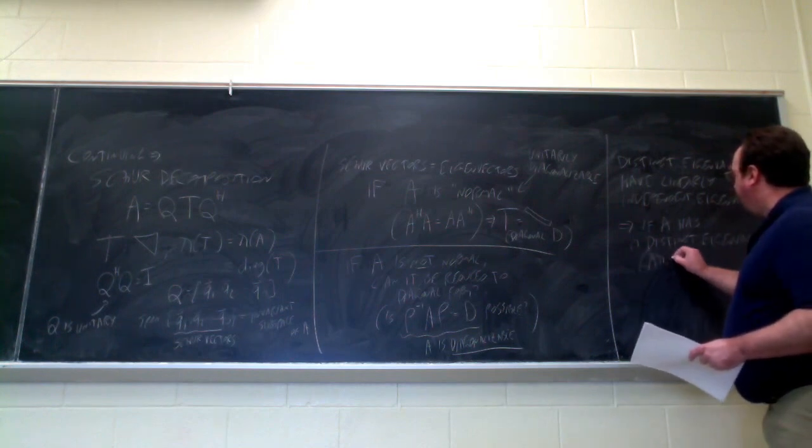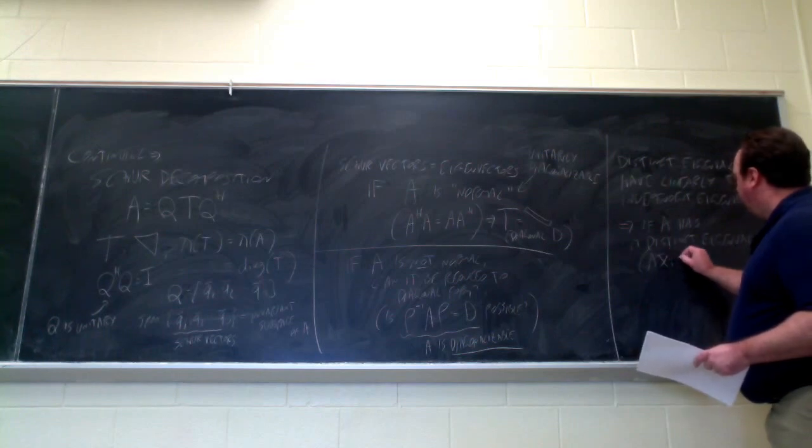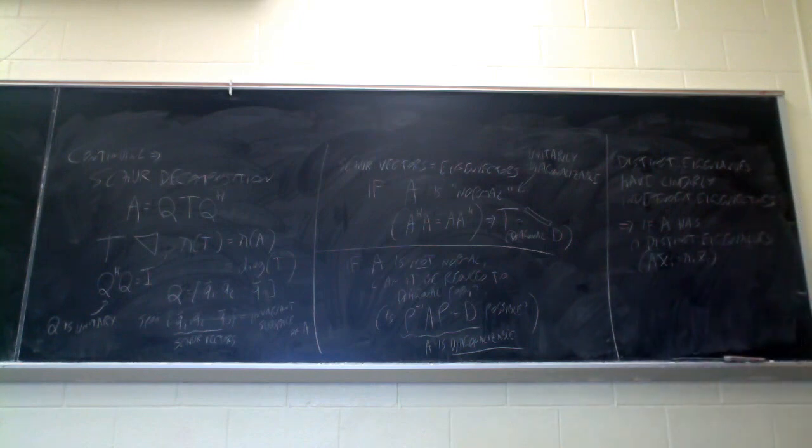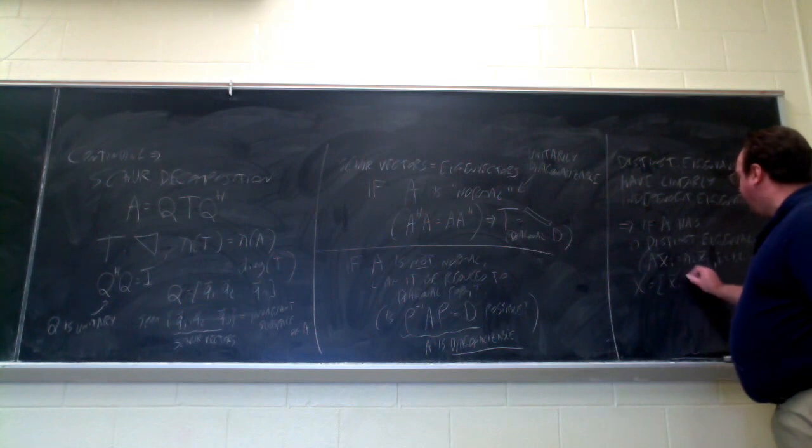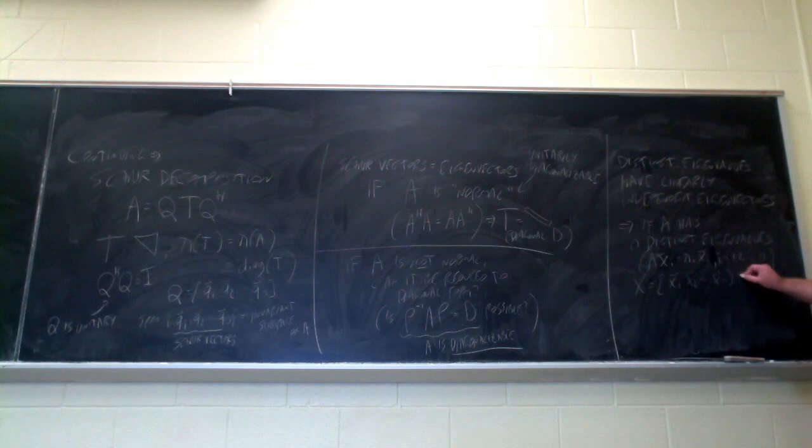A x_i is equal to lambda_i x_i. So these are the eigenvalues that are distinct, and the eigenvectors that go with them. Then all of these eigenvectors are linearly independent. So if I form a matrix X from all of these eigenvectors, that would be a matrix that has linearly independent columns. Therefore, it is non-singular or invertible.